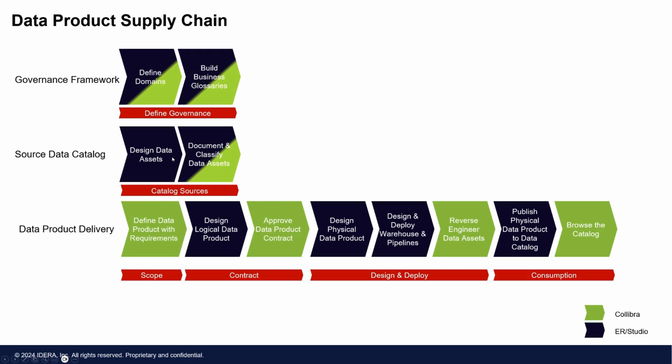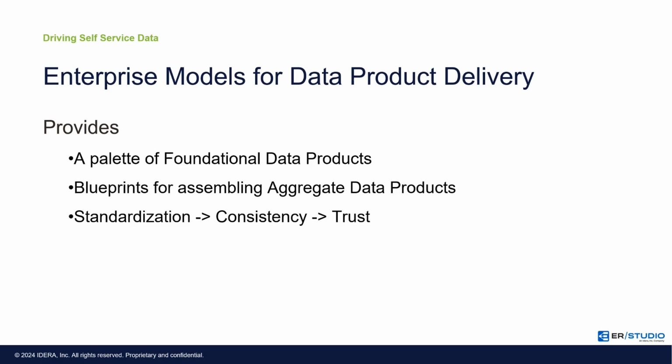And then for the data product delivery process, then again, the scoping, contract, design and deployment and the consumption processes is done by a combination of the tools and the teams performing different steps within that process. And the benefits of this is that we've got an effective design process for data products where we've taken requirements all the way through to delivered assets in a controlled process with lots of gates for approval by the relevant people.